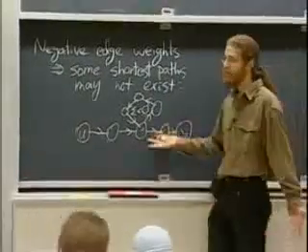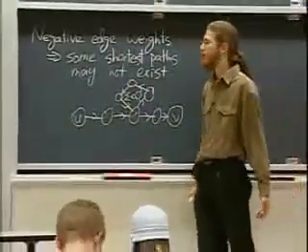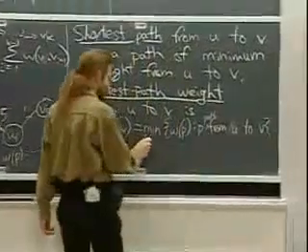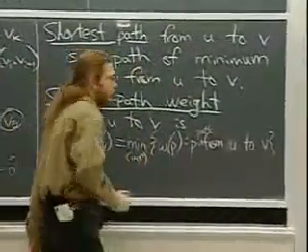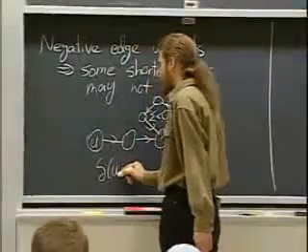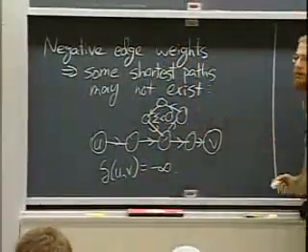Because if I take any particular path, I can make it shorter by going around a couple more times. So in some sense, this is not really a minimum. It's more like an infimum for those who like to get fancy about such things. But we'll just say that delta of UV is minus infinity in this case. There's a negative weight cycle from U to V.